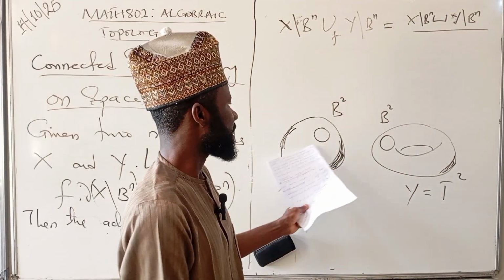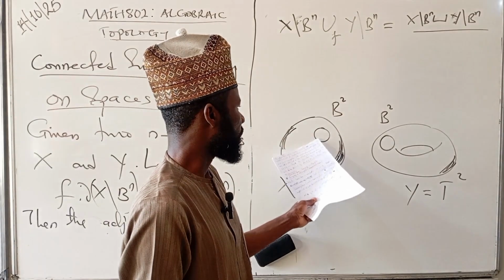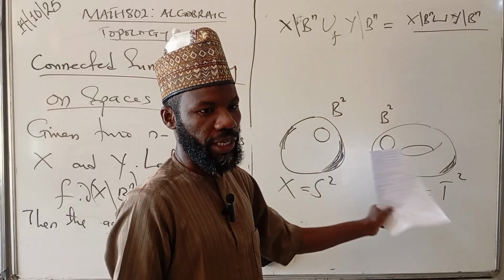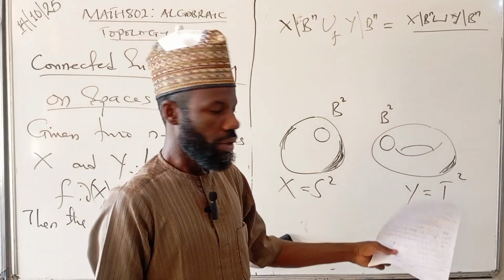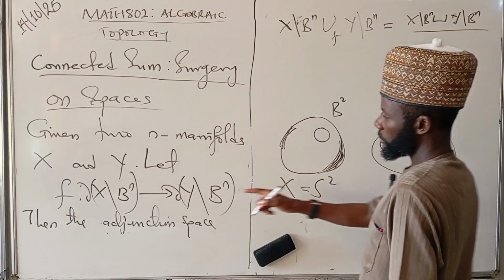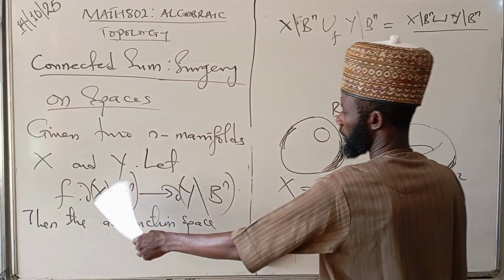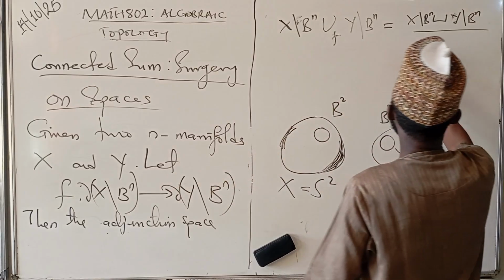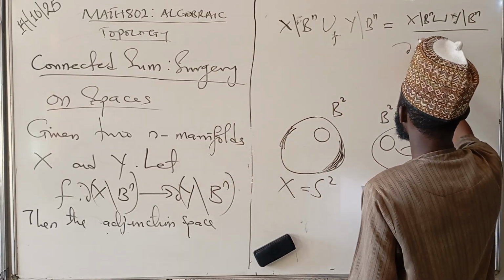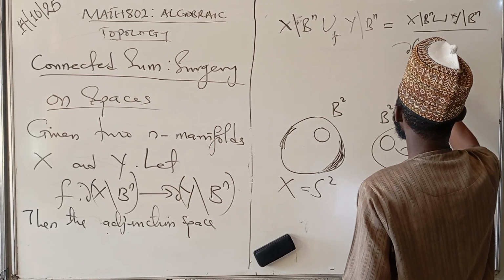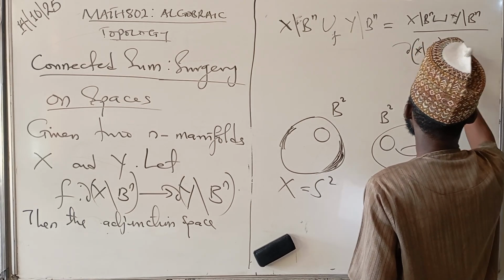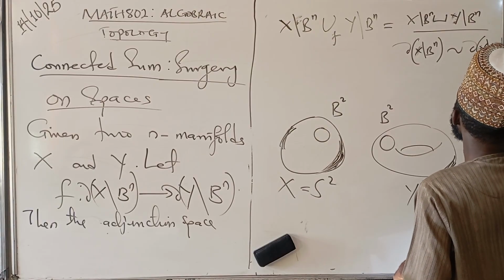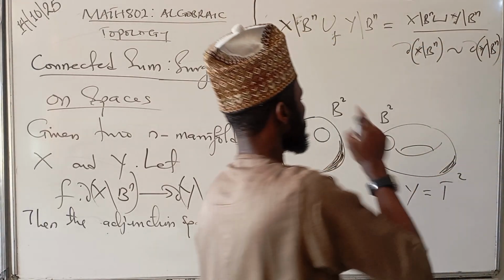The equivalence relation is defined by identifying every point on the boundary here with the corresponding image over there, via F. So it is actually via this homeomorphism. The boundary of X minus Bn is identified with the boundary of Y minus Bn.